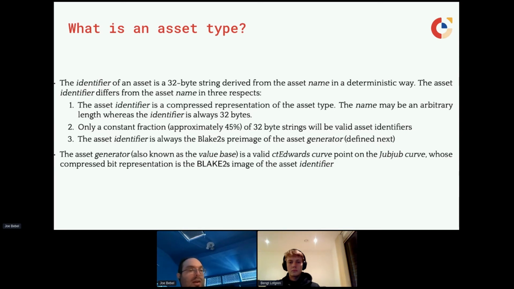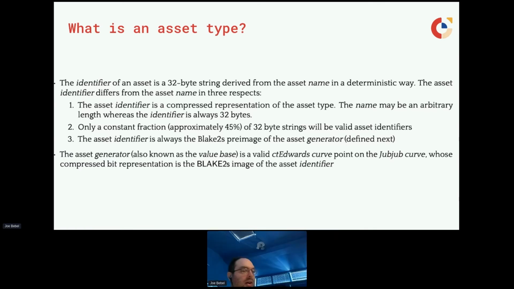It's just going to be 256 bits. And this gives a very strong hint as to how you should derive the asset identifier. Certainly, you can just hash the asset name, as long as you still maintain the uniqueness properties. You can use whatever kind of hash or compression you want generally. But just taking a hash of the asset name to get this asset identifier is not a bad way to start.